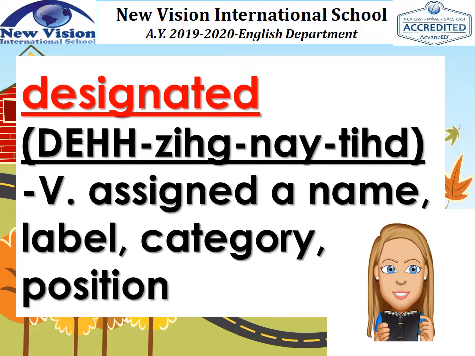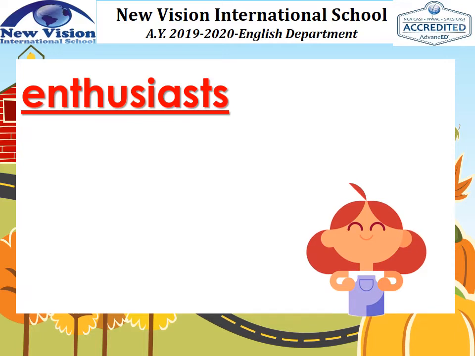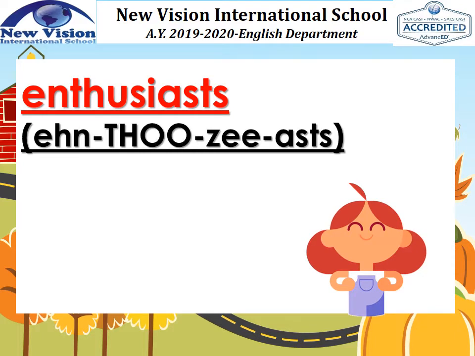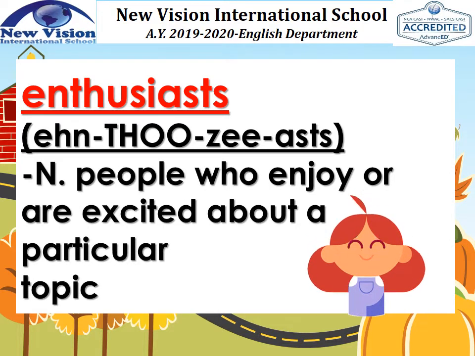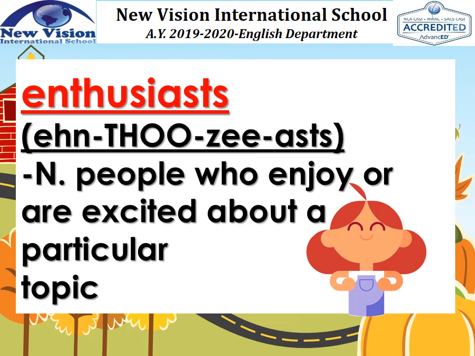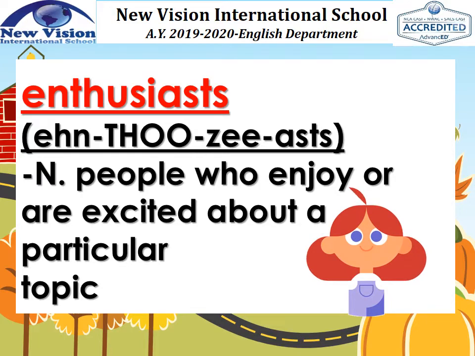Alright, say designated. Great. Moving on, we have the word enthusiasts. Say enthusiasts. It is a noun referring to people who enjoy or are excited about a particular topic. Say, enthusiasts. Good job.